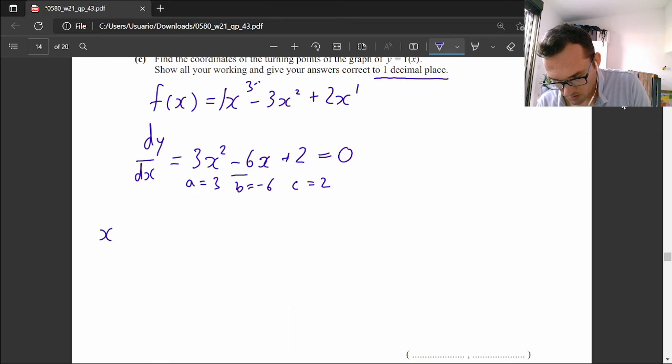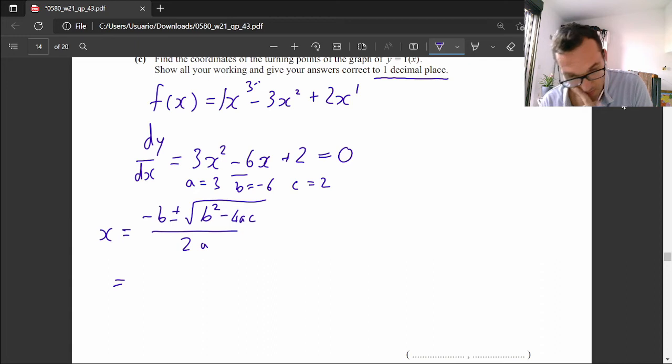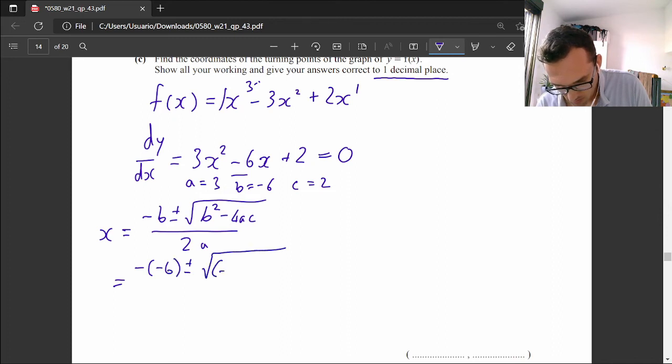Quadratic formula is x equals minus b plus or minus the square root of b squared minus 4ac, over 2a. So let's substitute in those values. First, use brackets as much as possible. b is negative 6. Negative 6 squared minus 4 times a, which is 3.